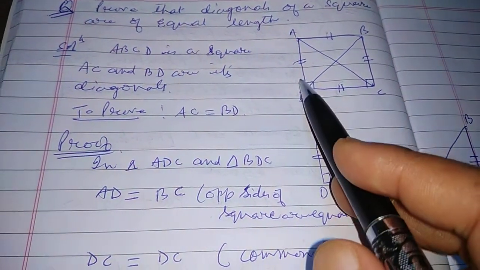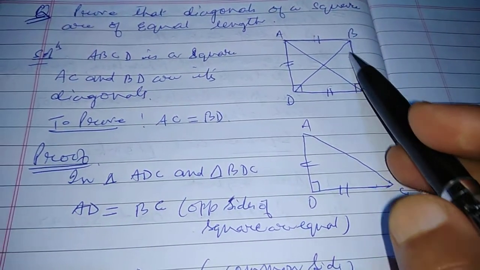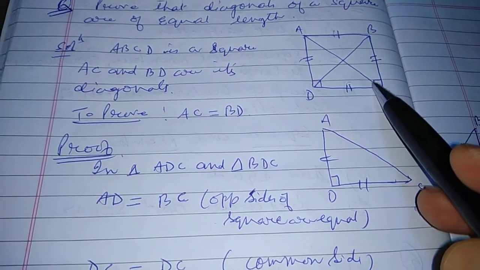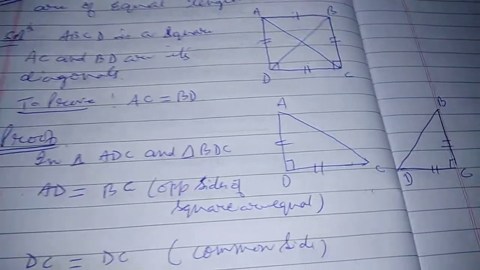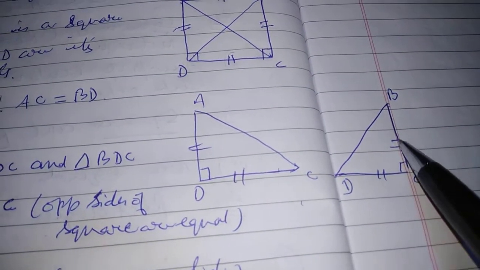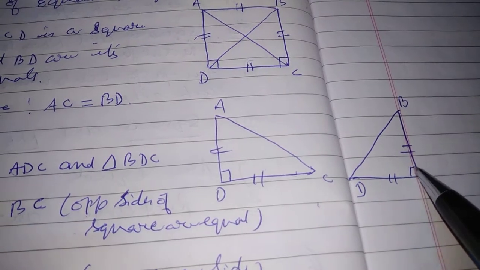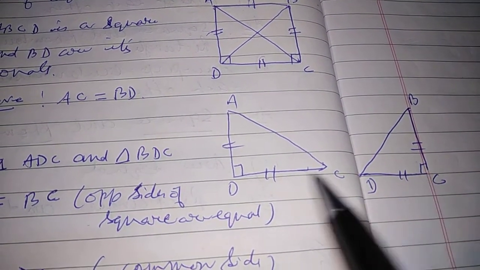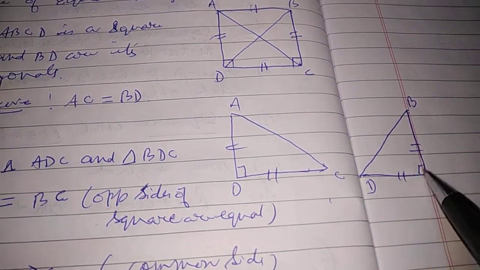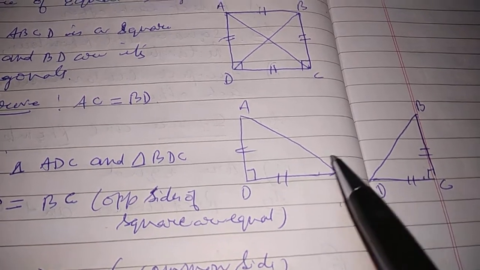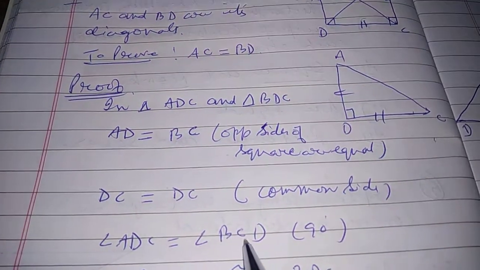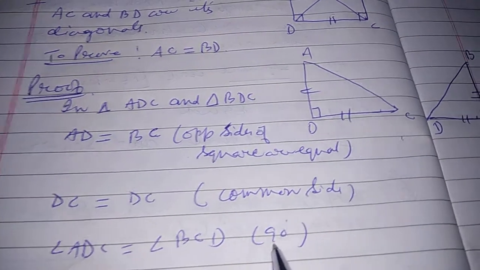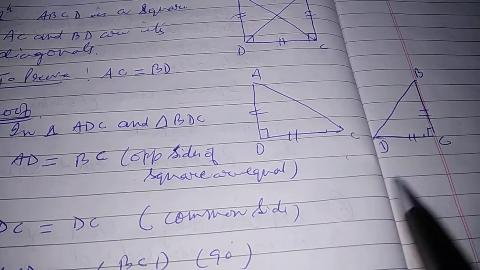So angle ADC is 90, and if you take angle BCD, this angle is also 90. Separately taken, angle BCD is again 90 degrees. So angle ADC is equal to angle BCD, that is 90 degrees.